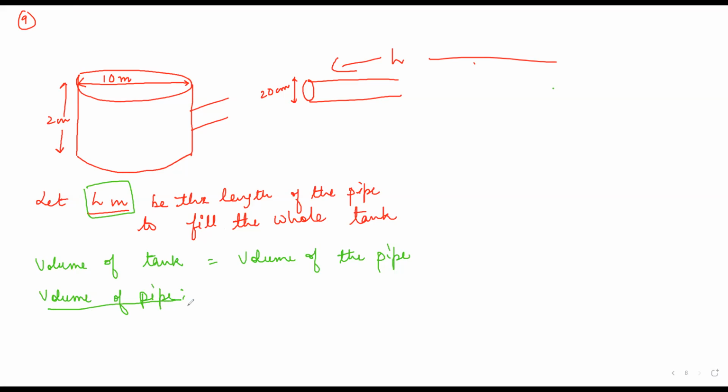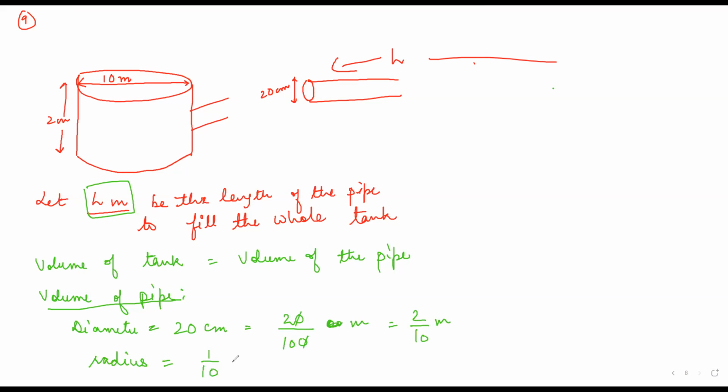Okay. So let us first of all find out how much is volume of pipe. Now it is in the shape of cylinder as we know. So the diameter is given, which is 20 centimeter. Convert it in meter. So it becomes 20 divided by 100, right? Now it is in meter. So it becomes 2 by 10 meter, right? So the radius will be divided by 2.